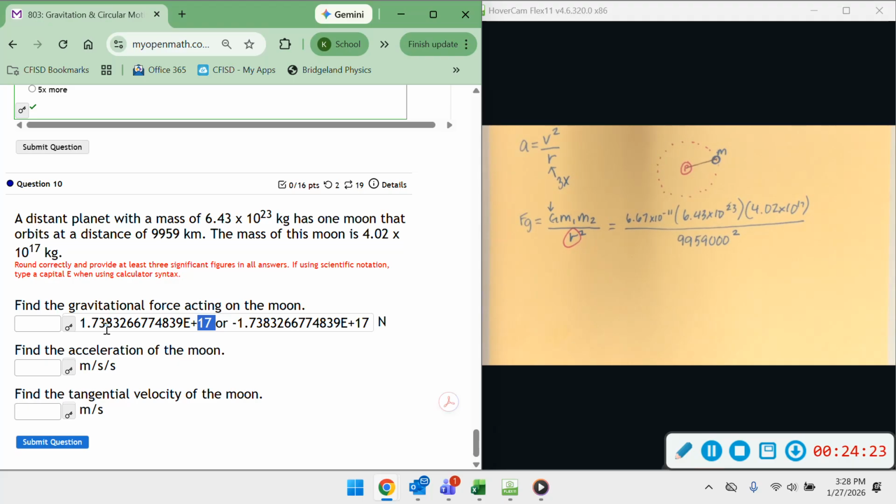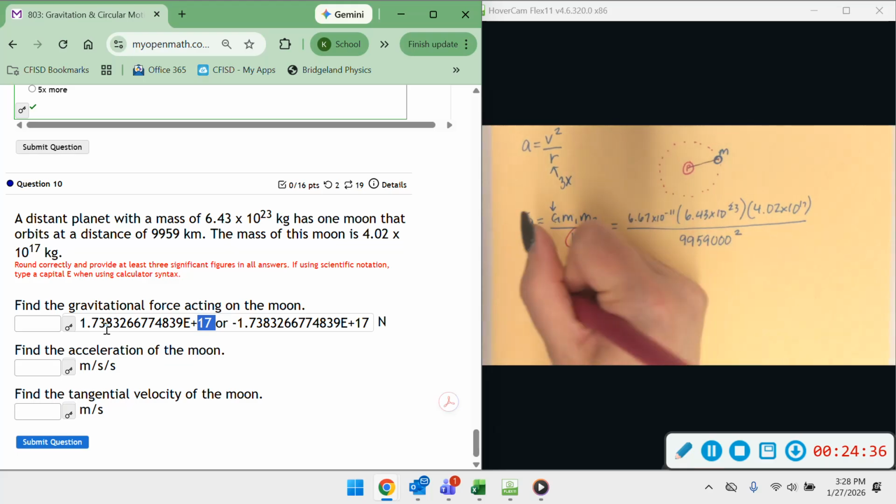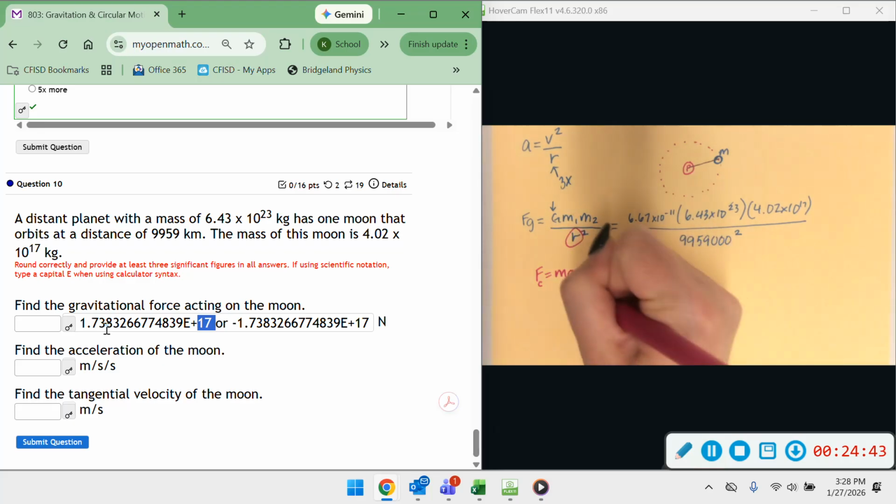Now acceleration, obviously it's in this equation, but I don't know velocity. I do know the radius, but I don't know the velocity, so that one's not going to be helpful. But there is an equation that is helpful, and it's one you're more familiar with, F equals ma. If you know your centripetal force and you know your mass, you can find your centripetal acceleration.